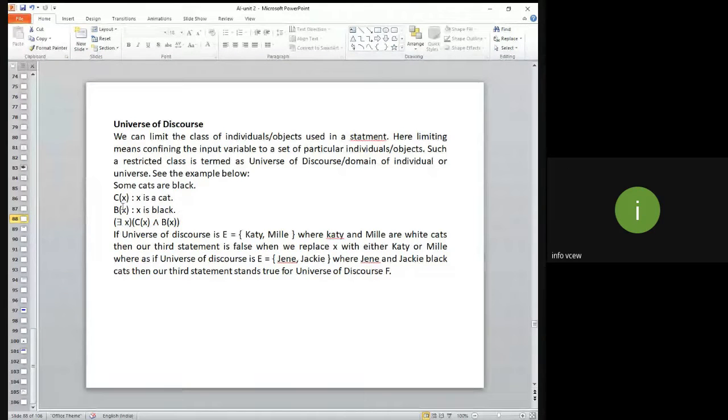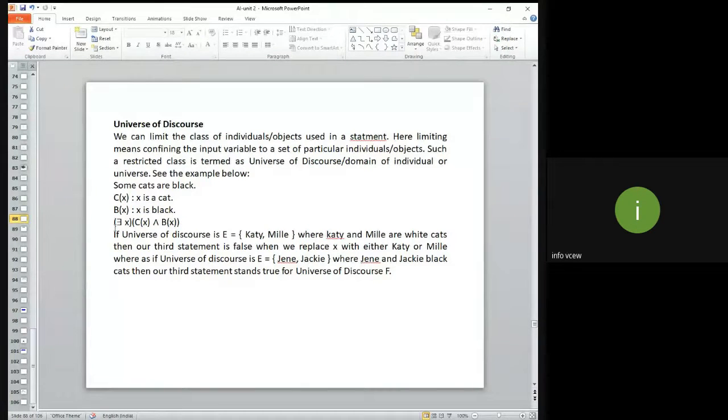In C of x, x is a cat, and in B of x, x is black. In C of x, we have said x is a cat. In B of x, the color of that cat is black.